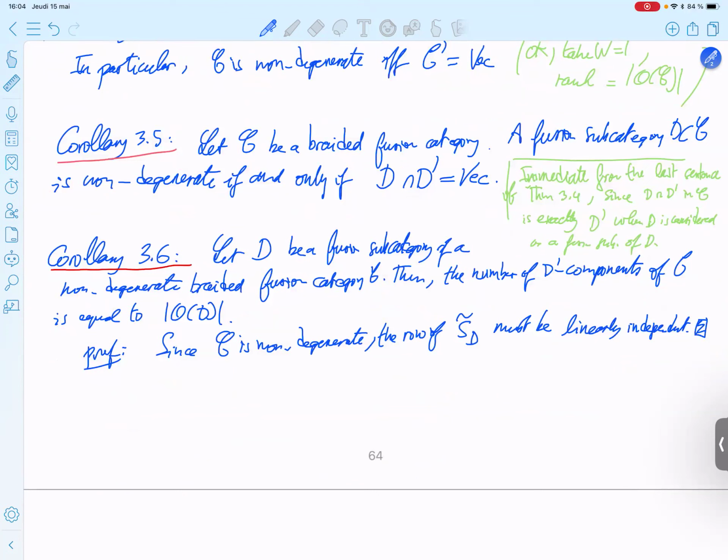The next proposition collects all the equivalent reformulations of non-degenerate. We already proved one with the centralizer, but there will be another one regarding factorizable. So we now collect several equivalent conditions for a braided fusion category to be non-degenerate.